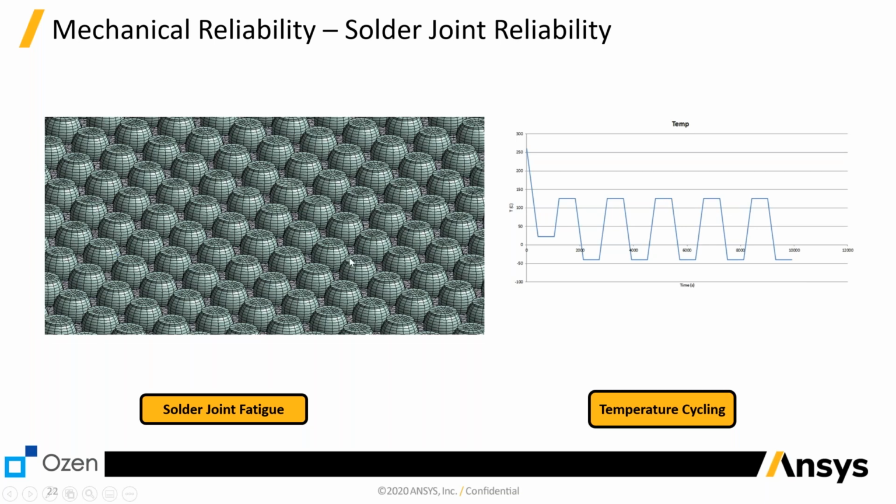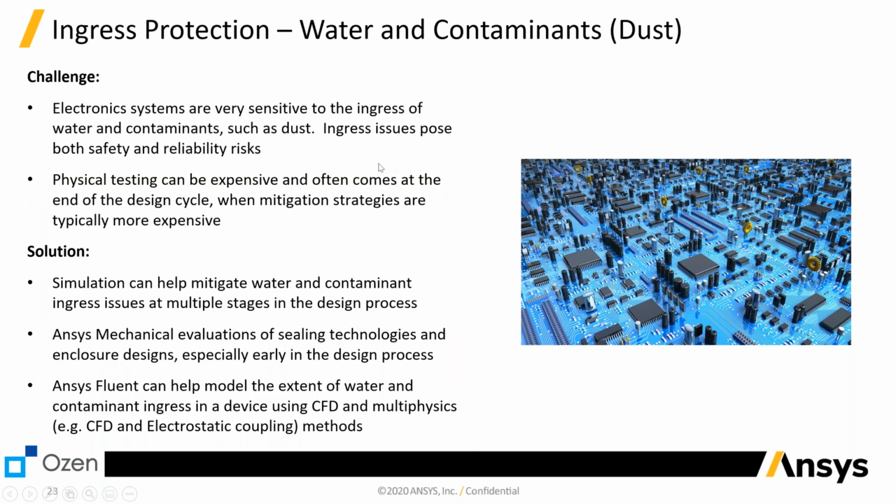The reason being, as you know, in finite element analysis some of the results are dependent on the mesh size, and you want to be able to compare what's happening in one solder joint to the other. So you want to use the same mesh size. Once we mesh it, we subject it to temperature cycling, and due to temperature cycling, this is when we can predict its creep or viscoplasticity behaviors.